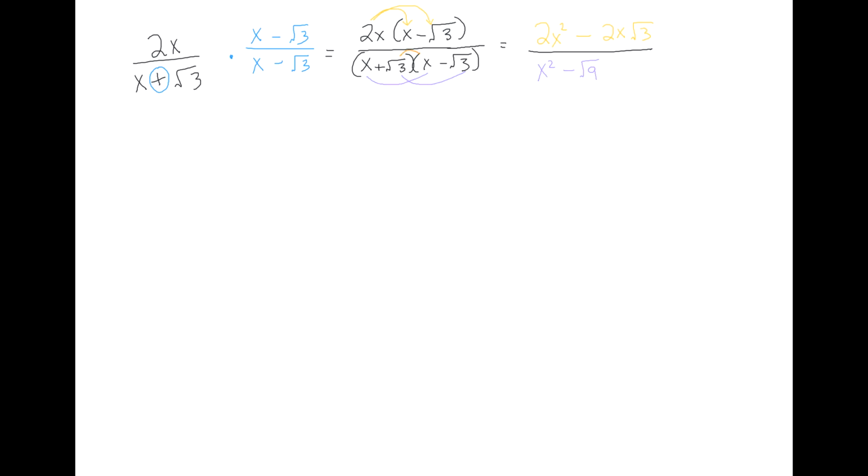Then x square root of 3, minus x square root of 3.